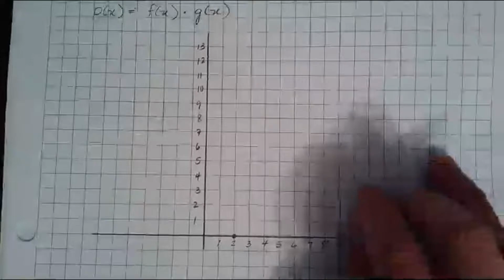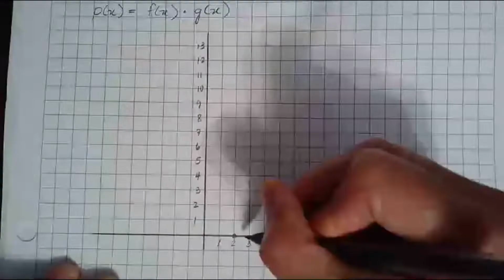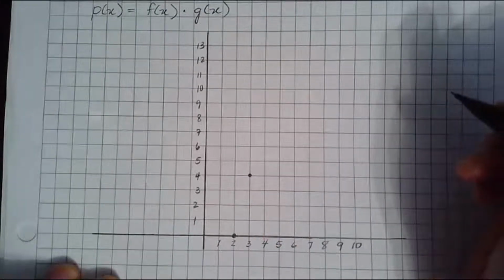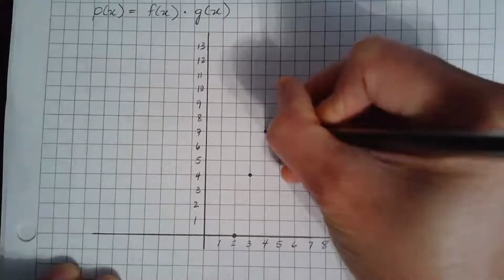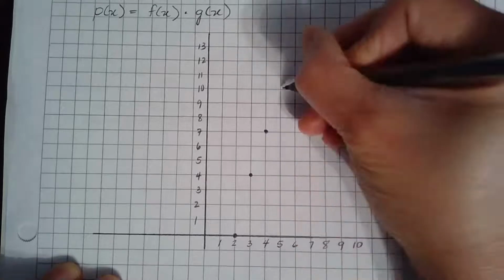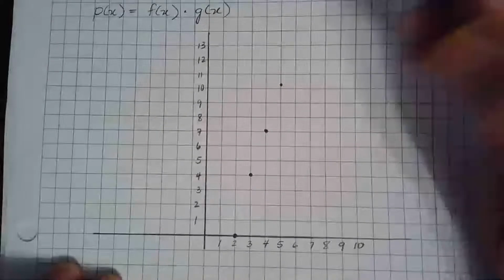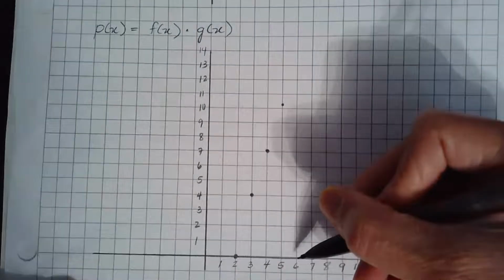And then the next one, if x is 3, p of x is 4. If x is 4, p of x is about 7, and again, that one is an approximation. 5 is about 10.2. And then 6 is 14. So let me see if I can fit 14 in here. So 14.